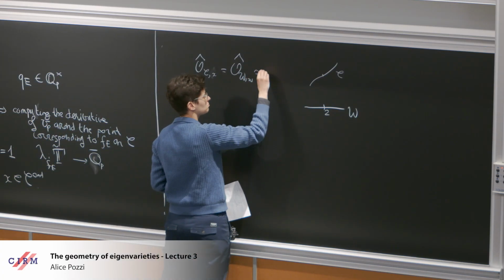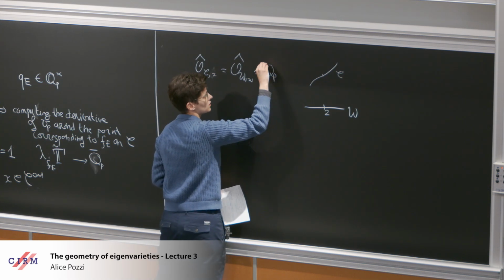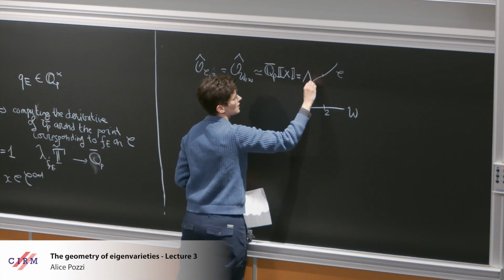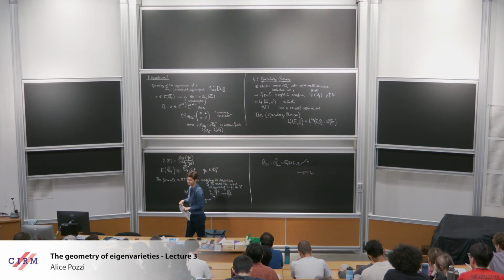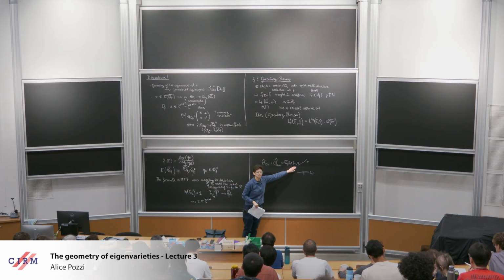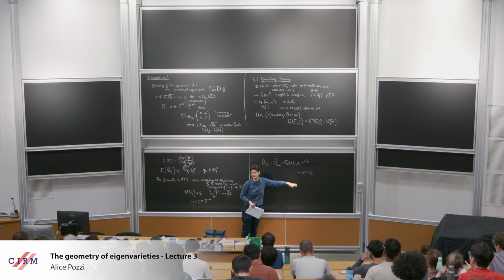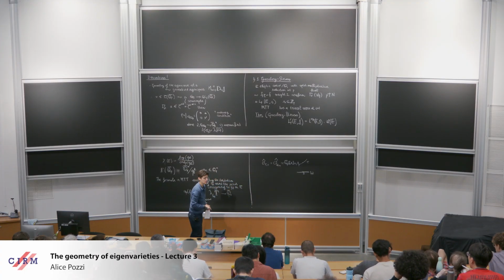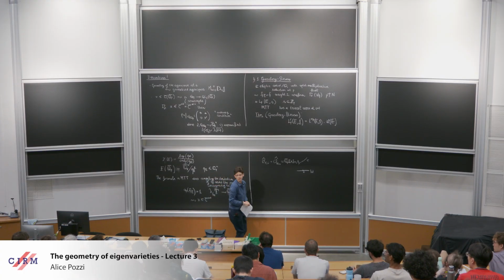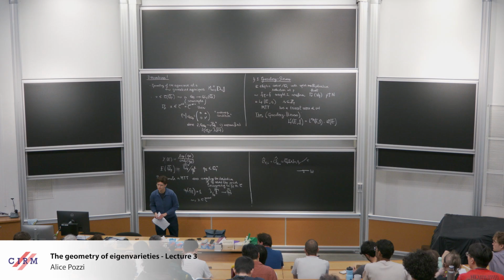So in practice, I can think of this as just a power series ring in one variable. And I'm going to call this guy lambda for simplicity. Notice that this is different from what I called lambda at the beginning, which was the Iwasawa algebra, similar but over Zp, which makes a significant difference in terms of points.